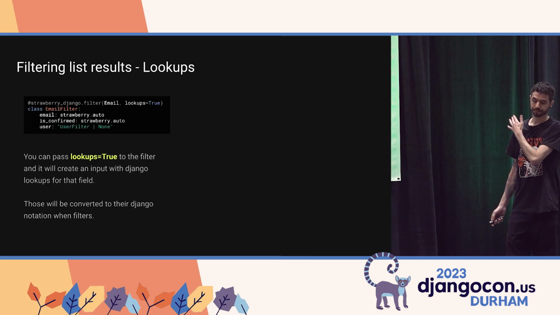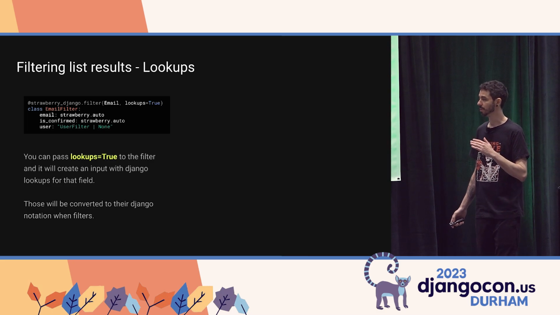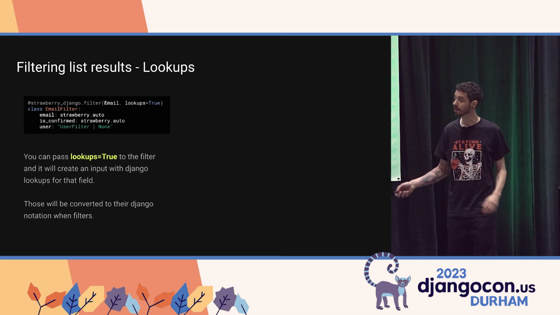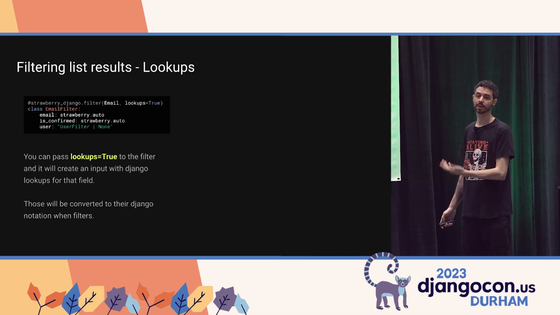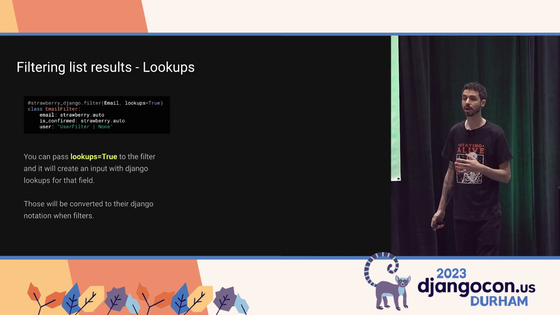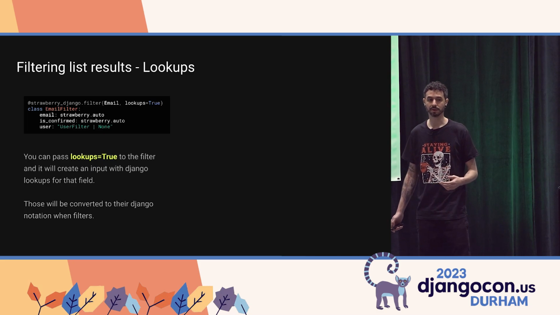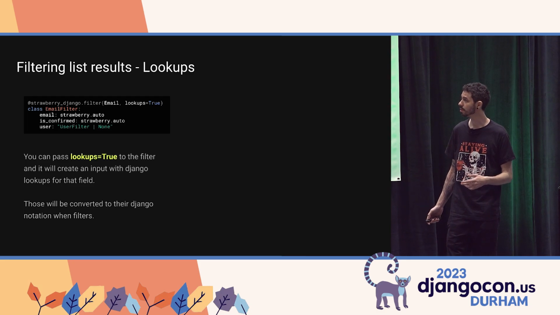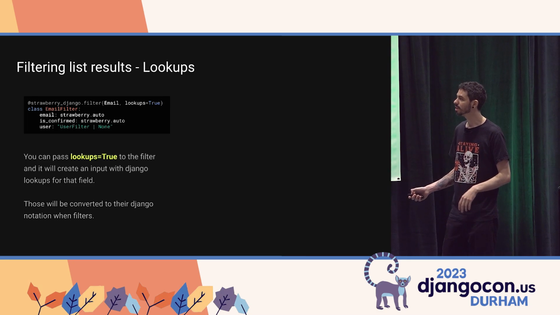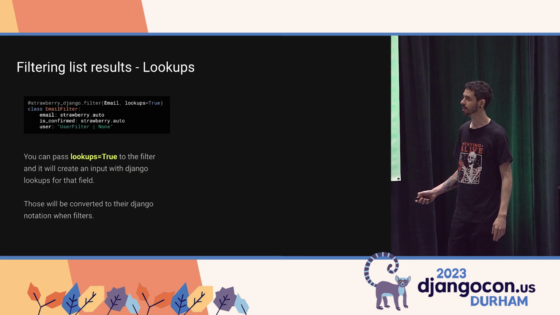I will show some examples in the next slide. Filters can also use lookups, the lookups that we are used to in Django, and we can define everything in here just by passing lookups equals true to the filter itself.